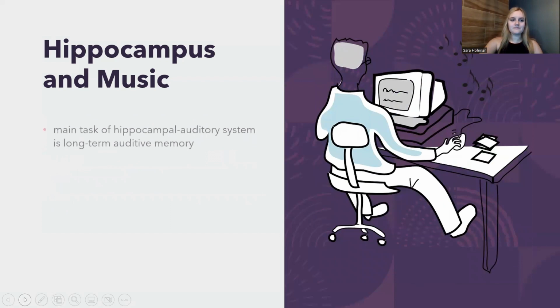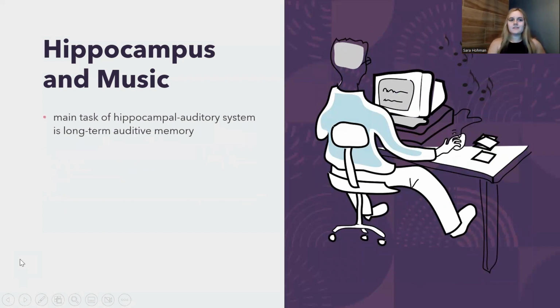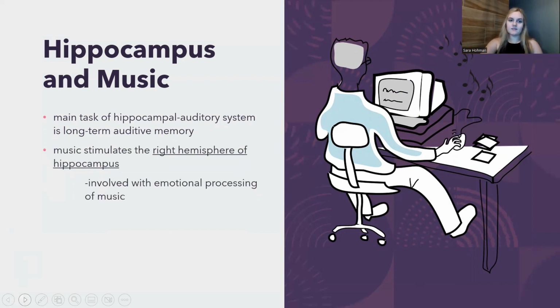It's amazing. Another reason why the hippocampus is connected to music is because the main task of the hippocampal auditory system is long-term auditory memory. Music stimulates the right hemisphere of the hippocampus, which is involved with emotional processing of music. So let's say growing up, you always went to dinner with your dad on Saturdays, and every time you went to dinner, you listened to one particular song.